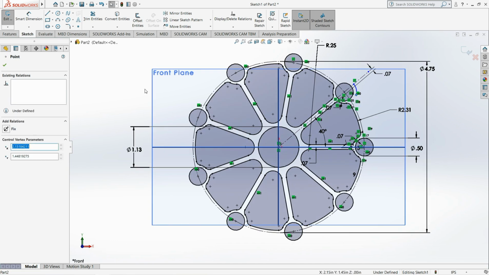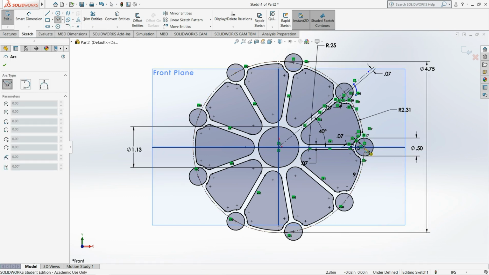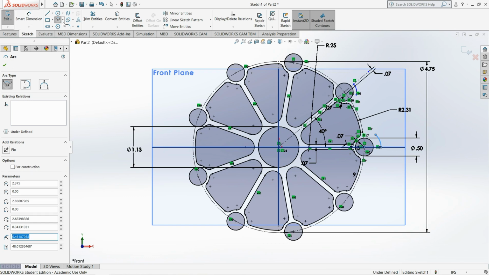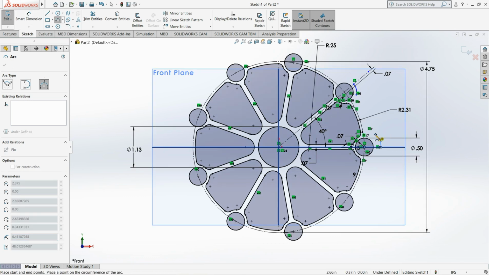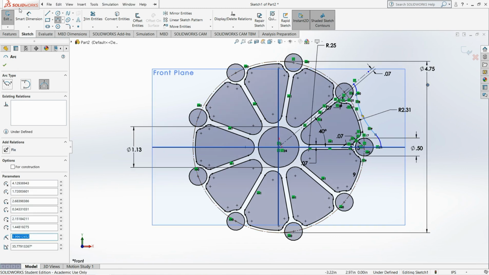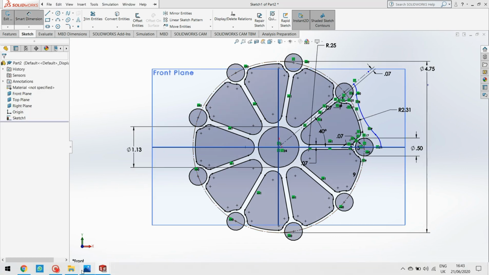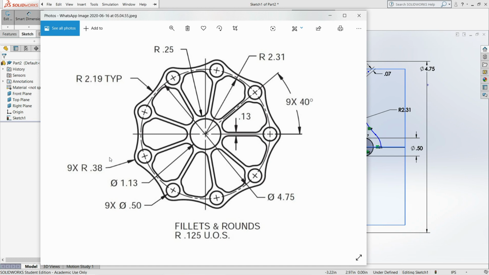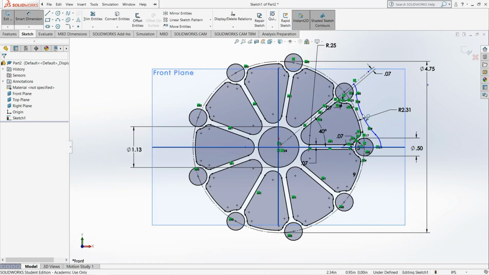I just put it up to make it easier with another radius. Those arcs. So I'll draw 3 arcs here, and I will give the dimension now. One is 2.19 and one is 0.38.